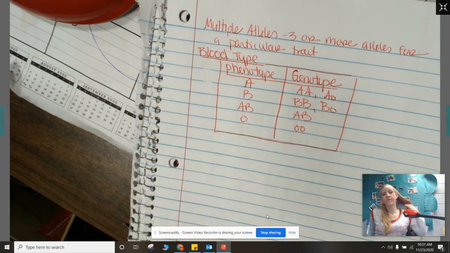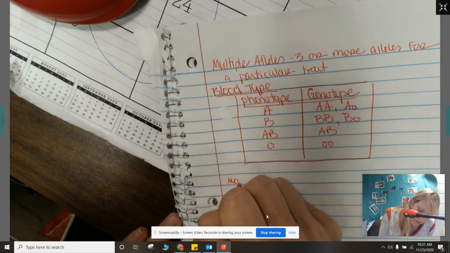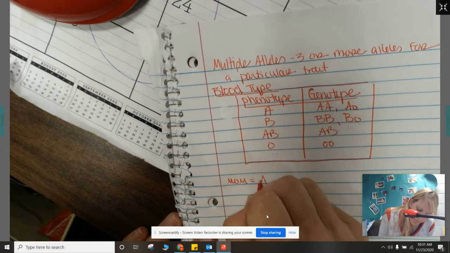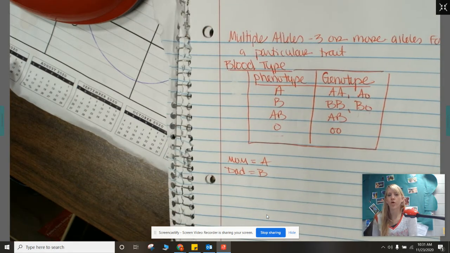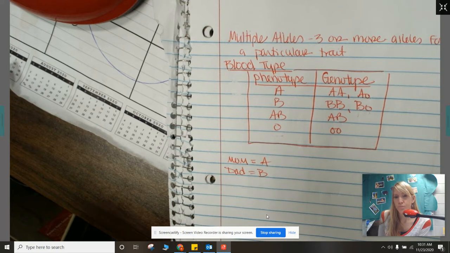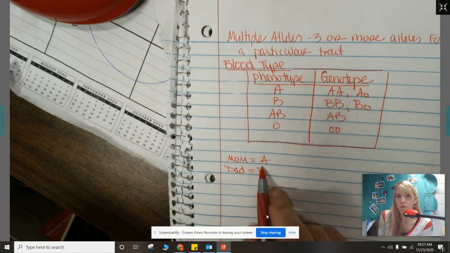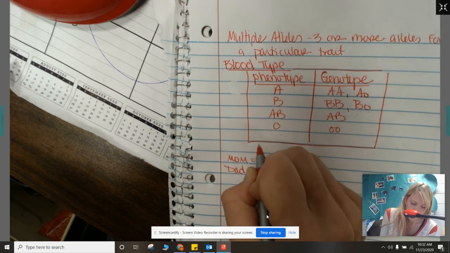Okay, so we're going to use my family, because that's fun when you use real live people, right? So my mom, her blood type is A. My dad, his blood type is B. Great, let's figure this out. What's the phenotypes? Let's figure out the genotypes. If her blood type is A, what are her possible genotypes? So this is the phenotype.